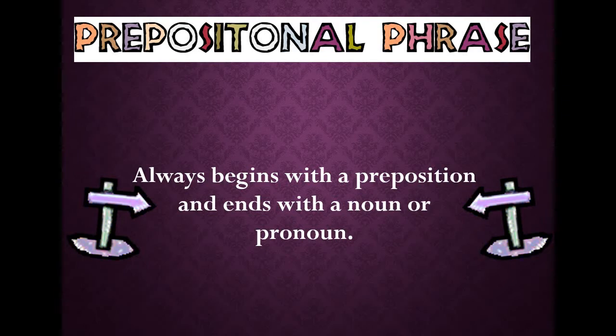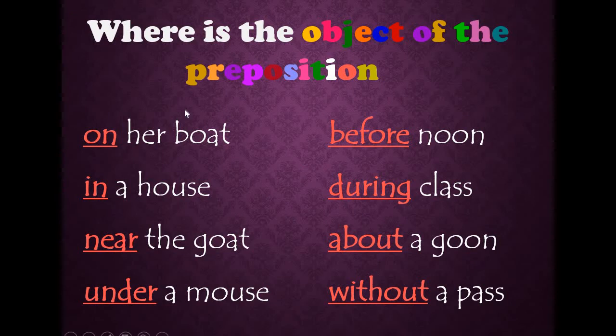So, what is the prepositional phrase? The prepositional phrase always begins with a preposition and ends with a noun or a pronoun. So, simply, the prepositional phrase is the preposition itself plus the object of the preposition, the noun after the preposition.